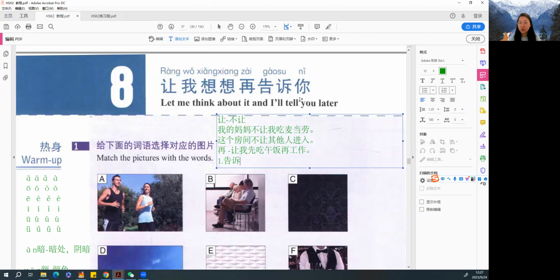Tell somebody news, for example, good news. I want to tell you good news. It will be 我告诉你一个好消息. Good news, 好消息.